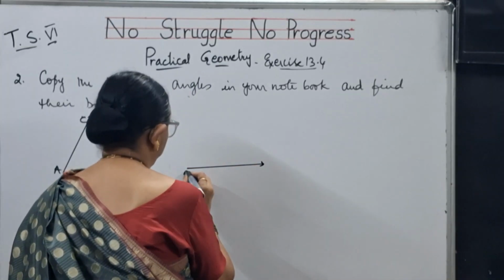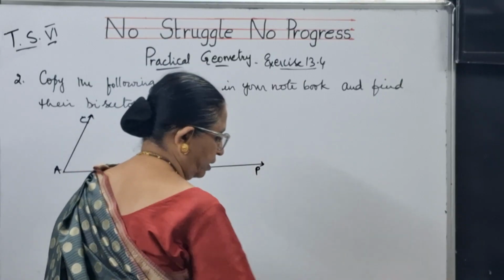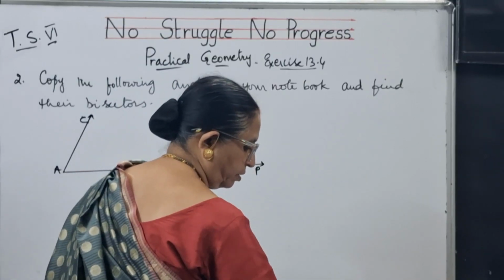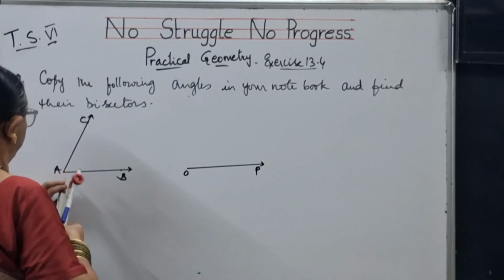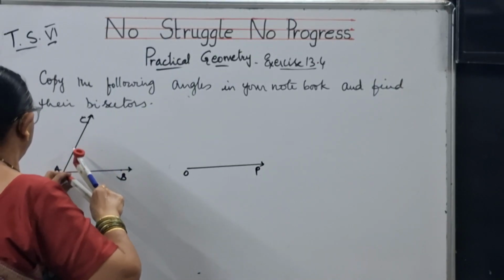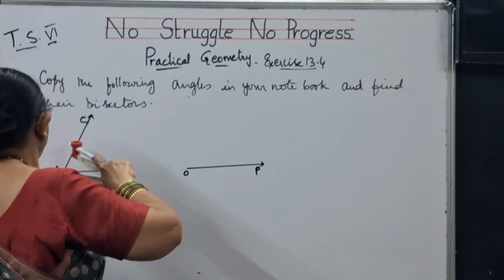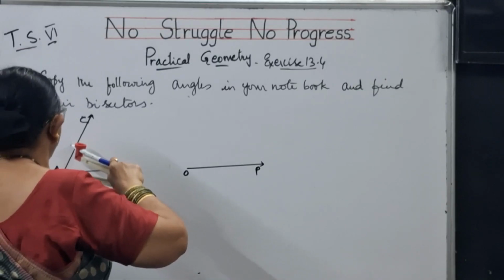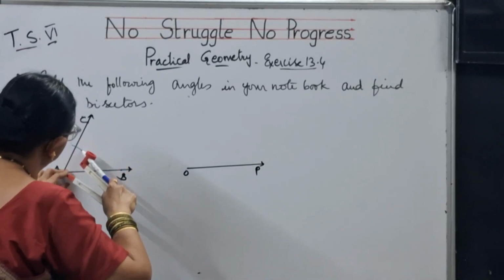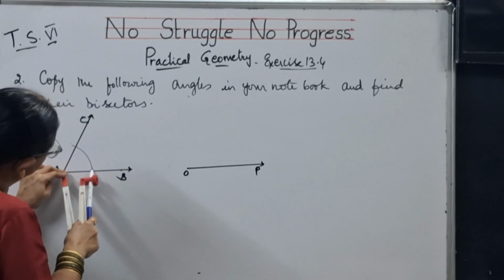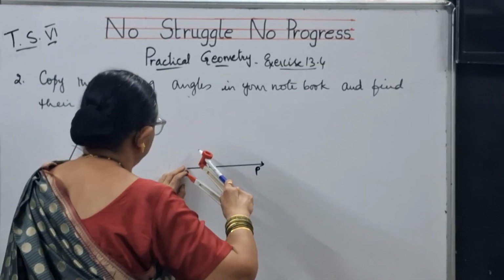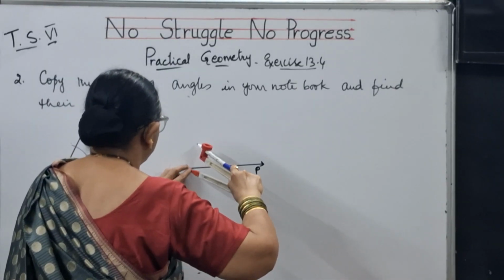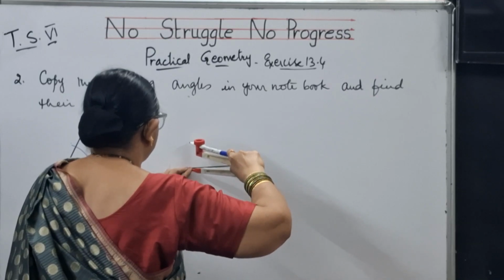Let me take OP as a ray. Then A as a center with some radius, you are going to draw an arc like this. With the same radius, O as a center, you are drawing an arc.